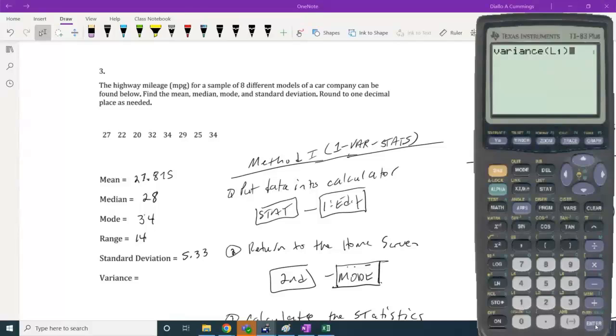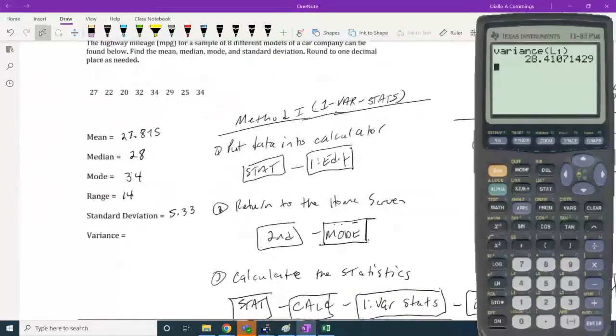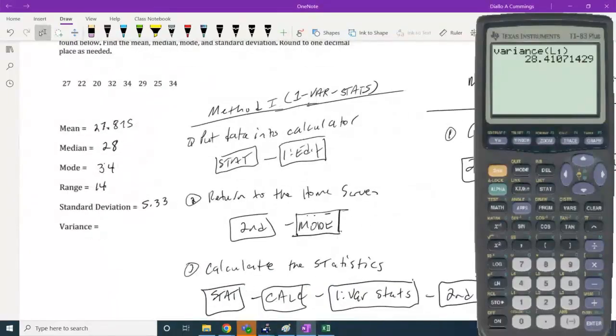I'm going to close off my variance function, and the variance is 28.4. So the variance is equal to the standard deviation squared.